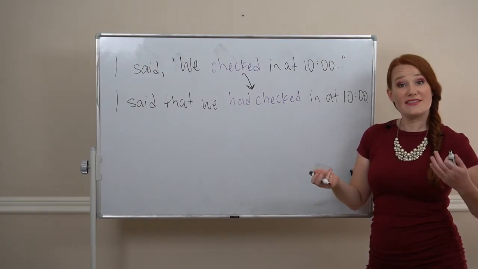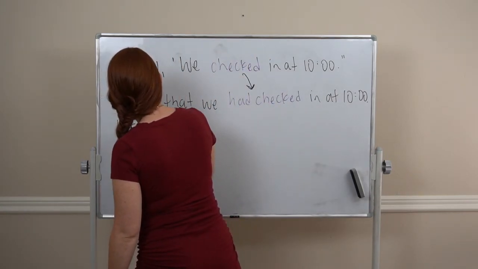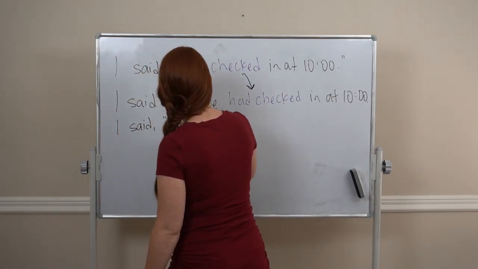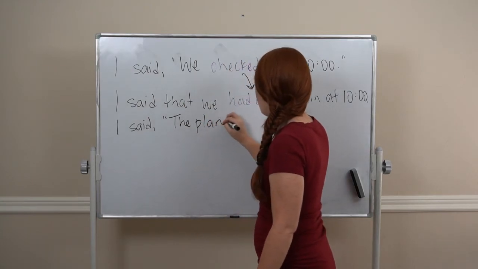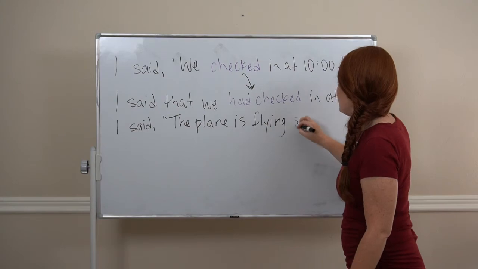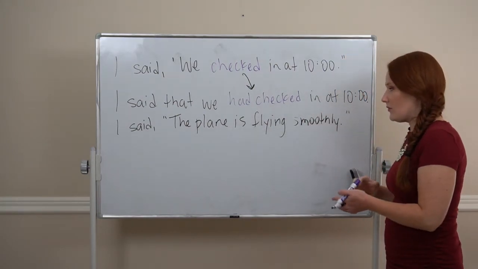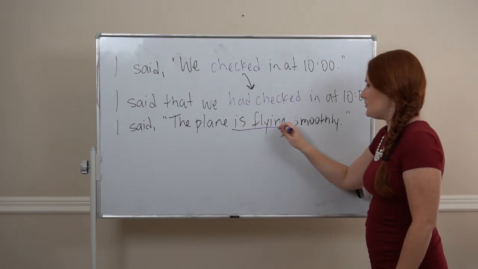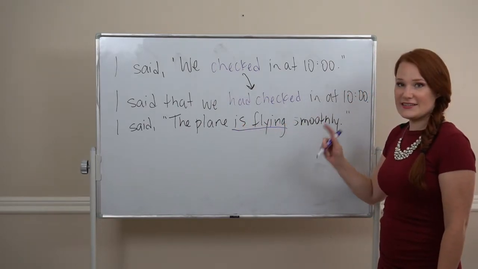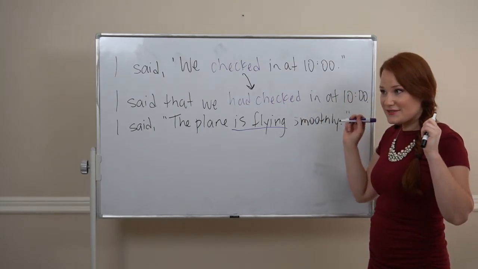What if we've got a progressive tense? I said the plane is flying smoothly. My main verb here, present progressive. The plane is flying. What's one before present progressive?